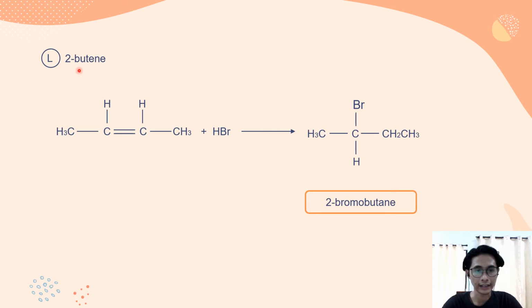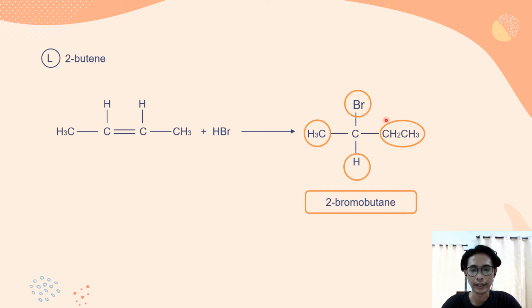And so the last alkene is L, which is 2-butene. When 2-butene reacts with hydrogen bromide, it creates 2-bromobutane. In the structural formula of 2-bromobutane, it has one methyl group, one bromine group, one ethyl group, and also one hydrogen group.